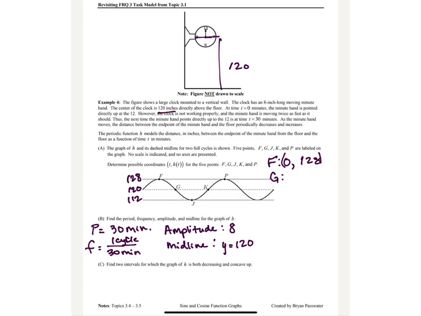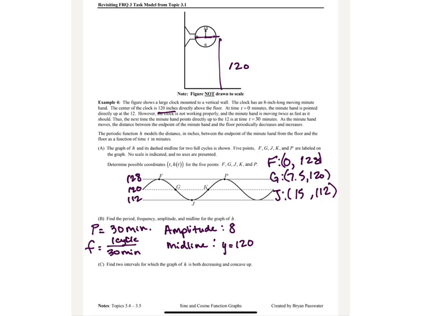It feels like 15, but it's 7.5 because remember, a period is 30 minutes. So by the time it gets to G, it's only gone for 7.5 minutes, but it's located level with the floor, on that 120. By the time it gets down to J, it's closer to the floor. It's only 112 away. And at J, it's gone through a half cycle, which is 15 minutes.